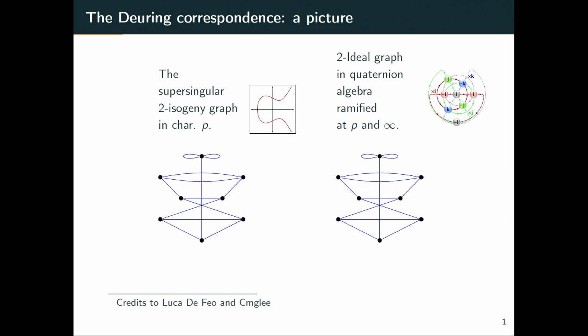It's actually a really nice mathematical result. The goal of our paper is to study this correspondence, and in particular to look at the specific task of translating a path in the quaternion graph to a path in the supersingular isogeny graph.